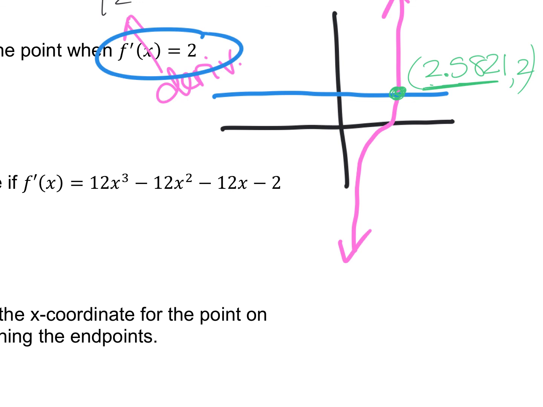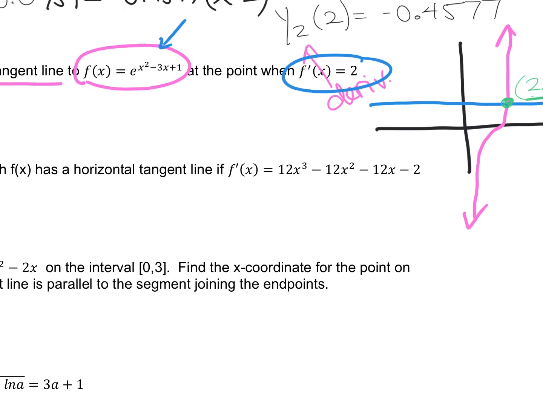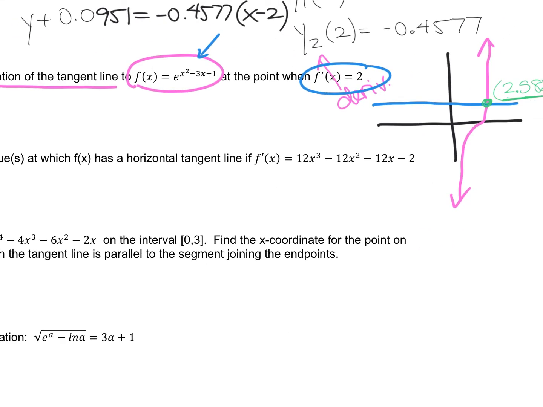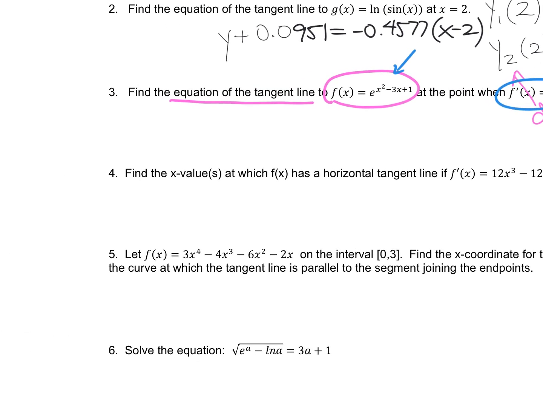Yes? Okay. Now, this gave me quite a bit of information. Okay, we just found x equals 2.5821. That's the x value that I'm going to proceed with, right? So for my equation of the tangent line, I still need two more things. What do I need?